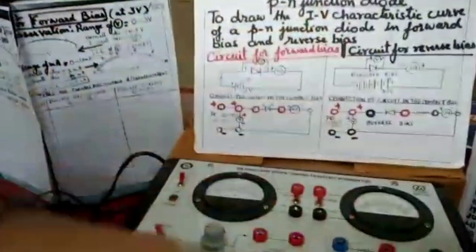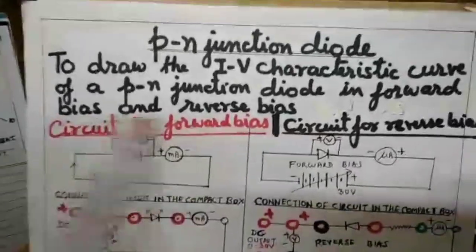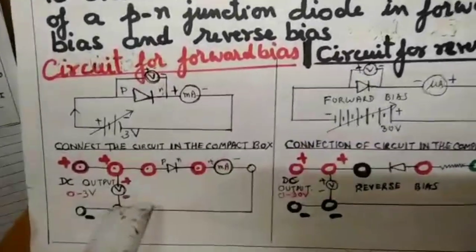For connection I have been given this type of wires. I have simplified this circuit. Please see here the same circuit I have drawn. How?